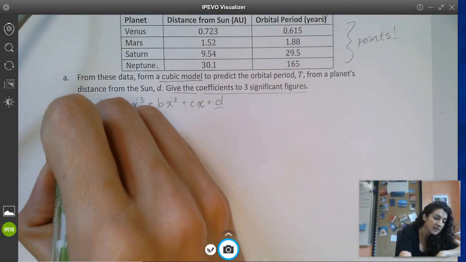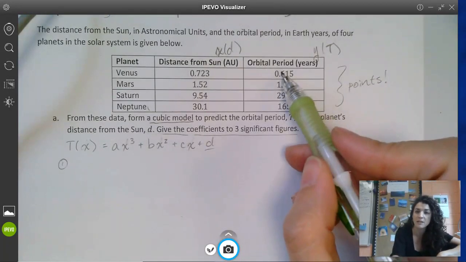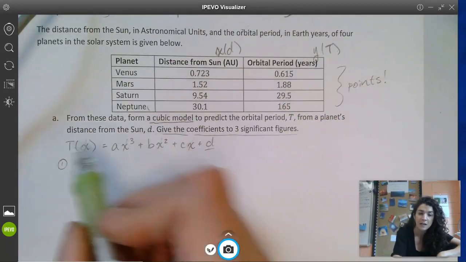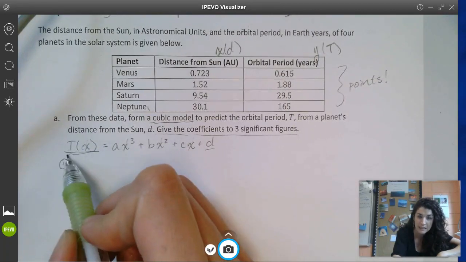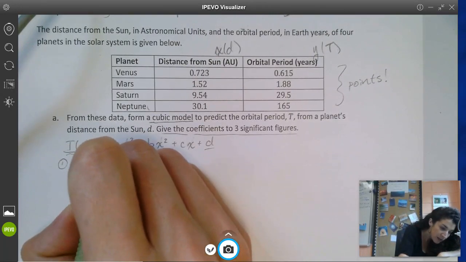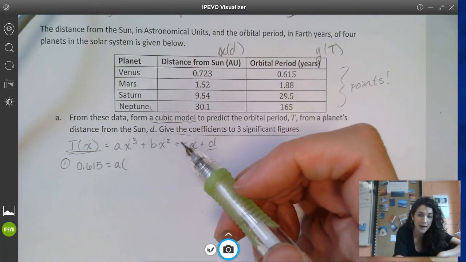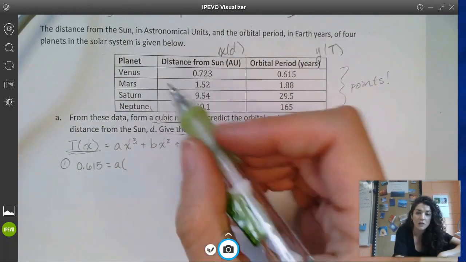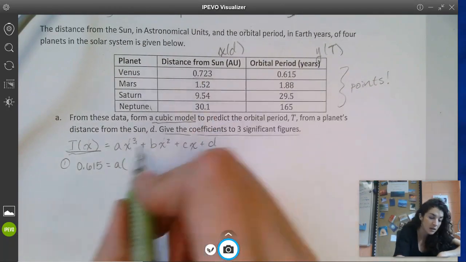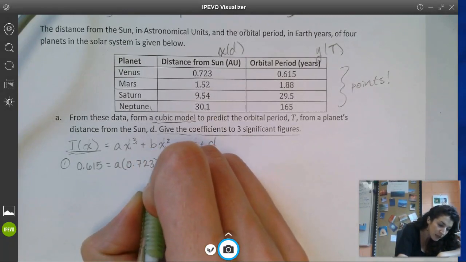Something I've seen in classes, sometimes we're still struggling with figuring out how to plug it in. But remember that 0.615 is T. So I just replace T with 0.615 equals A times, and that cube is only being applied to X, not to A. So I plug in this X value here, 0.723 cubed.